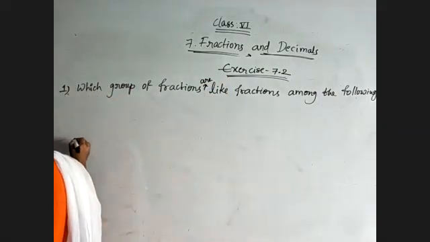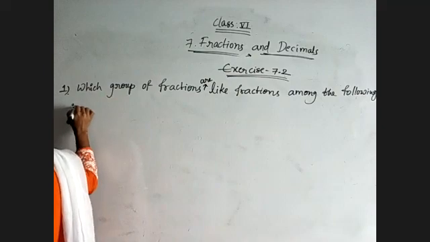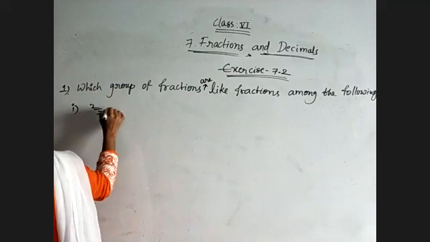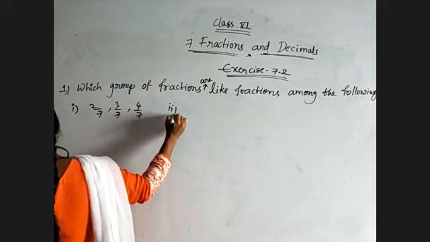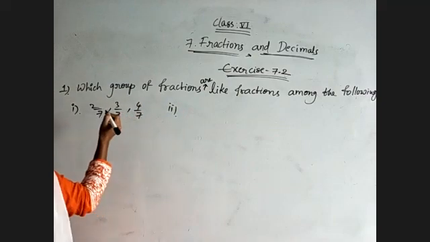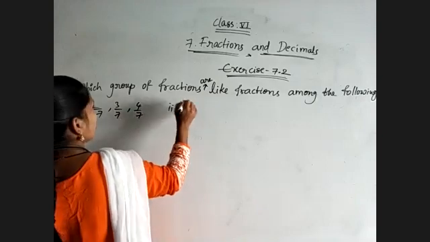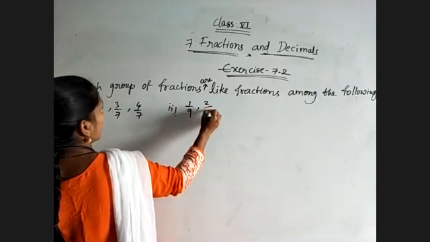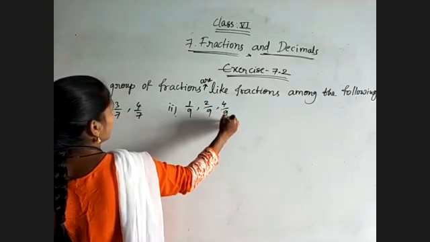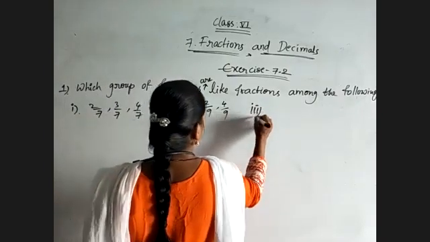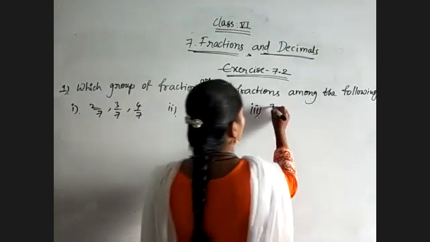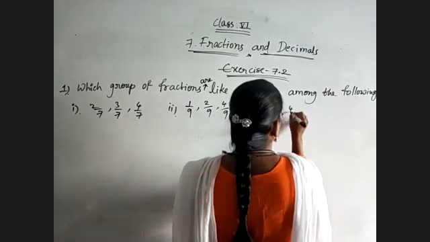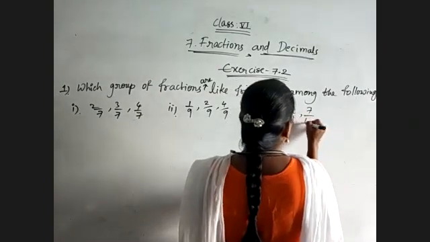And next, your questions are 2 by 7, 3 by 7, 4 by 7. And secondly, 1 by 9, 2 by 9, 4 by 9. And third question, 3 by 7, 4 by 9, 7 by 11.